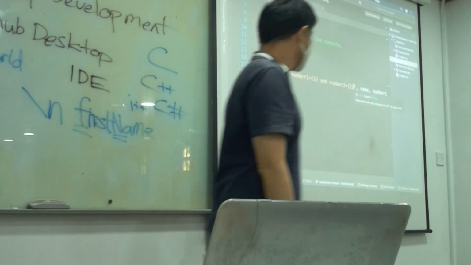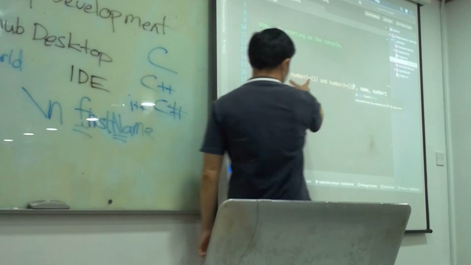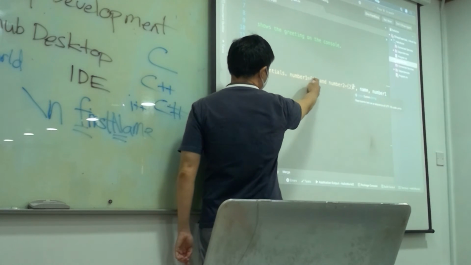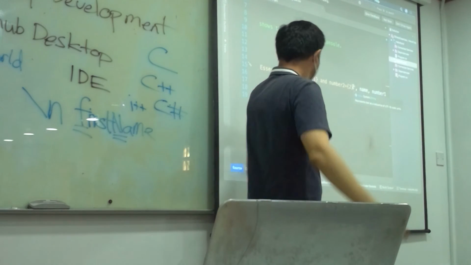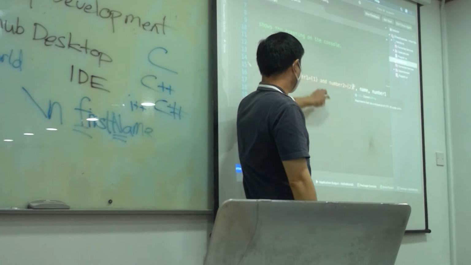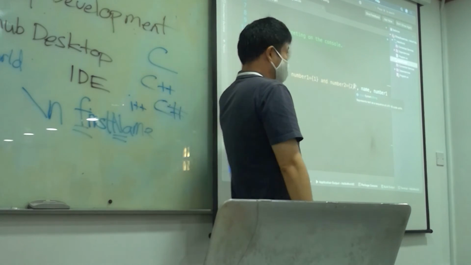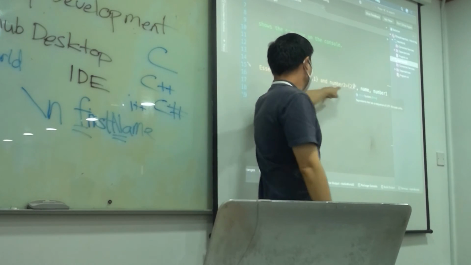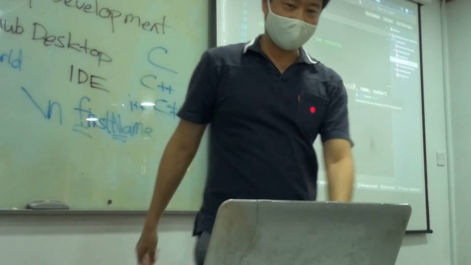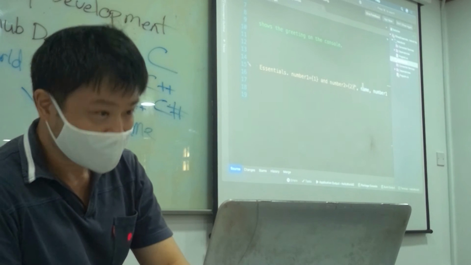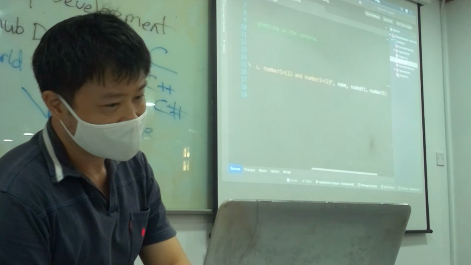Okay, you're clear with it. So we just put the text, but these are placeholders. This is a special notation that tells the compiler that when you come to this point, replace this with the actual value. So number 1 and number 2, because I have three variables, they go in sequence.